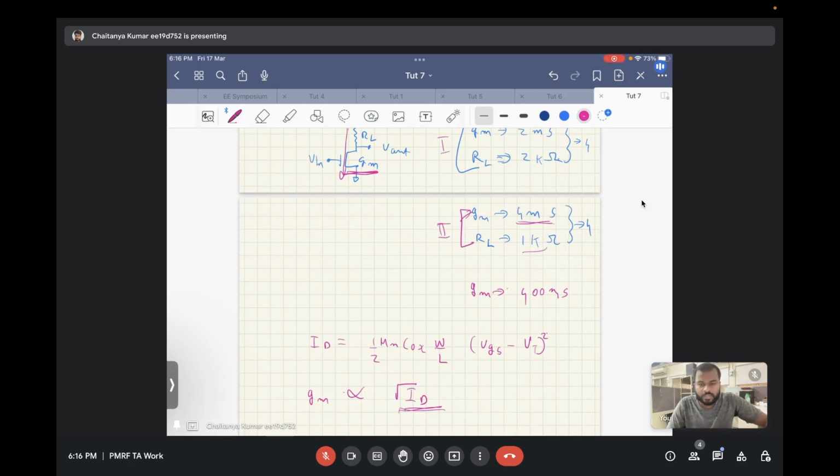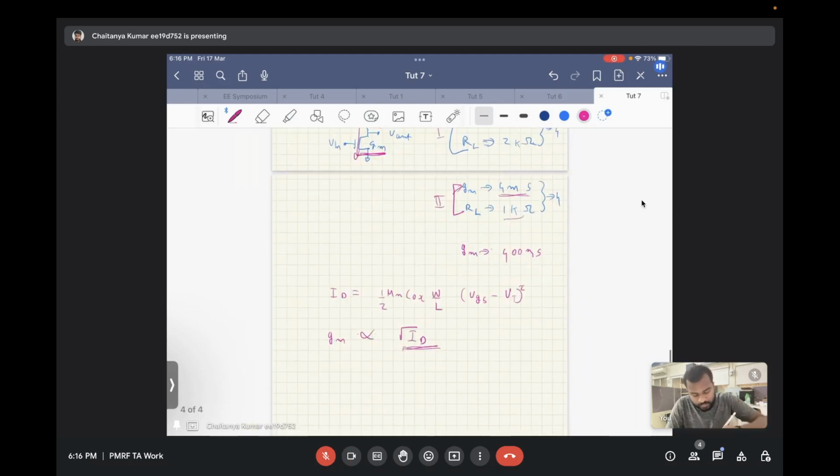In that case, the power consumption that we will have to supply to this thing will be immense. So what we see is, if we try to increase the value of ID to get a higher value of GM, the noise reduces.